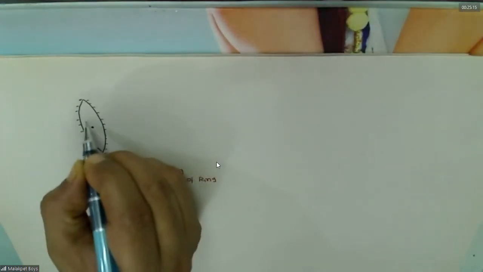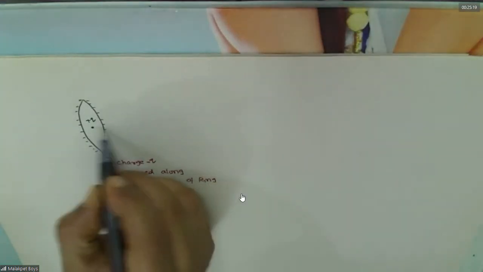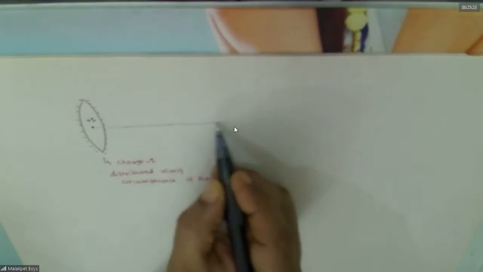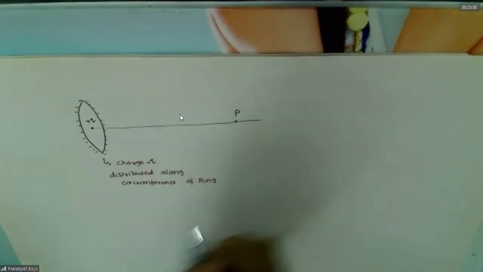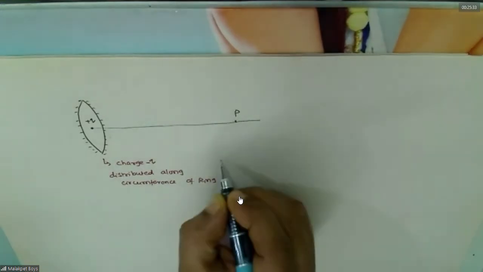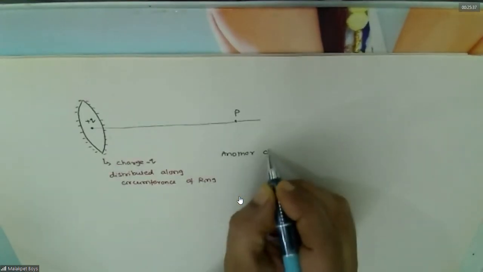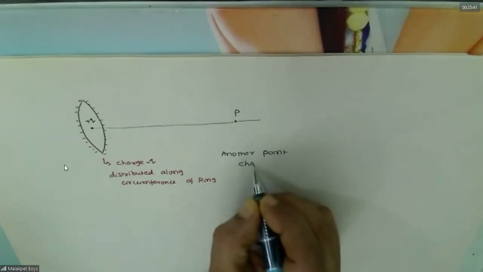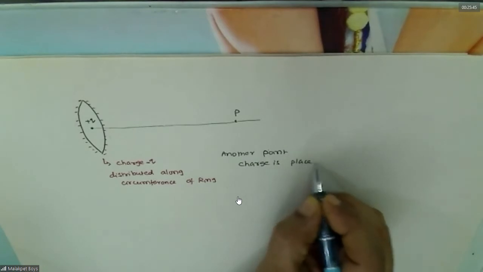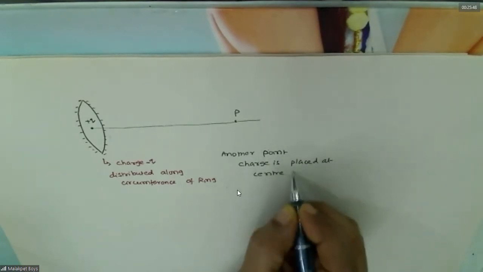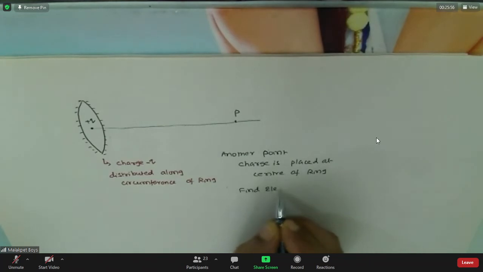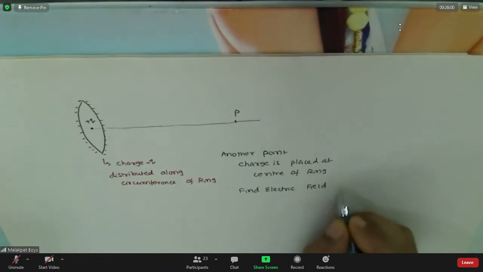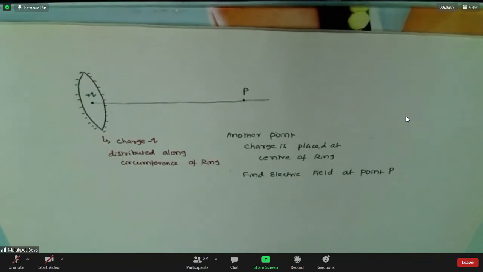Now here you have plus Q. I want to know the electric field at point P. Understood this?